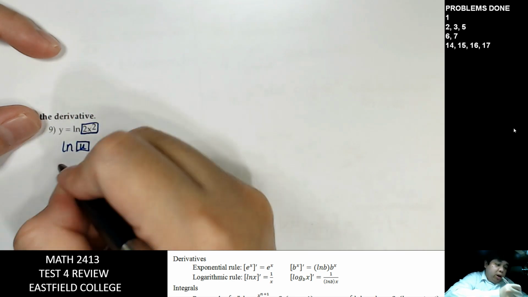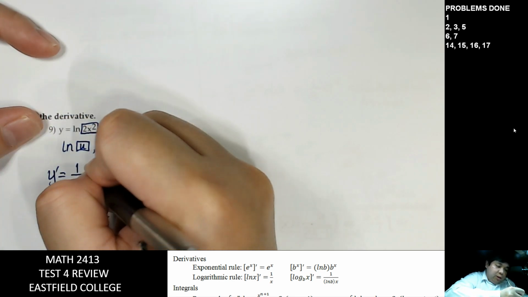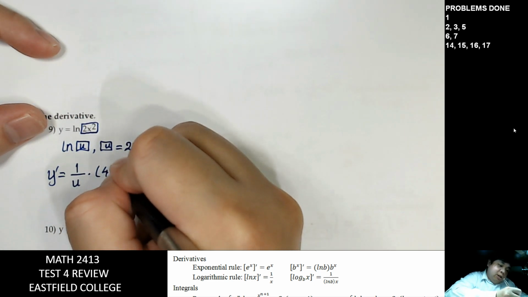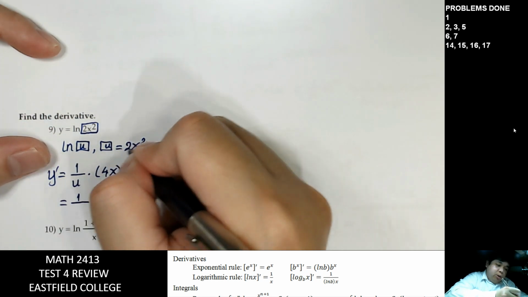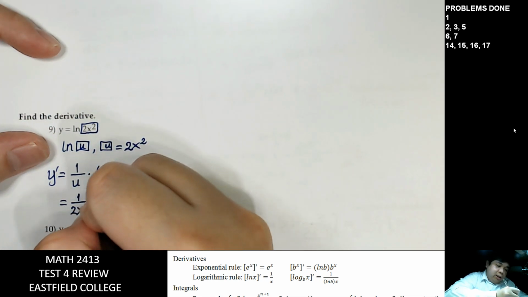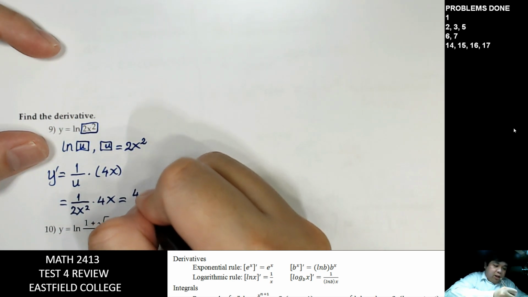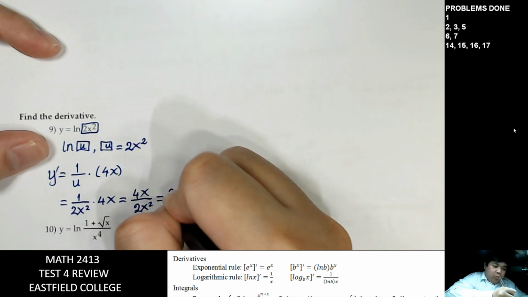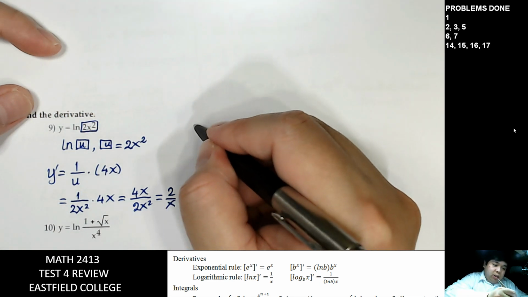Derivative of ln of u is 1 over u, and then derivative of 2x squared is 4x. So we have 1 over 2x squared times 4x. So we have 4x over 2x squared, cancel out to 2 over x. So that is one way to do it.